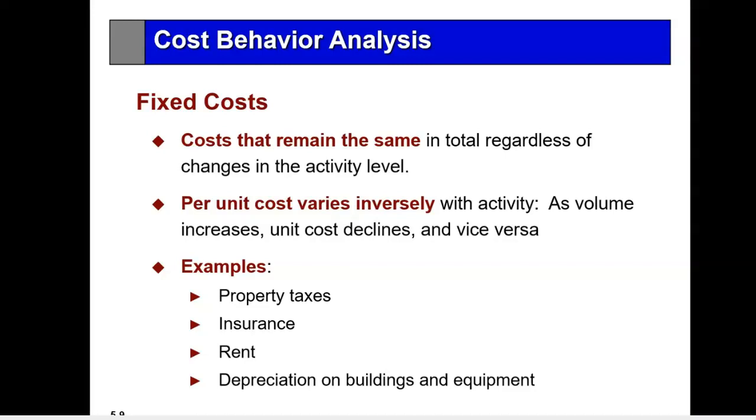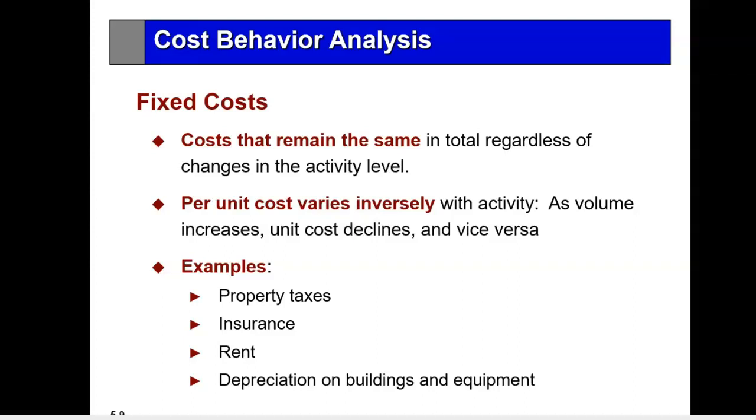However, if I look at a unit basis and ask what the unit cost for rent is: if I produce one unit, the unit cost for rent is $20,000. If I produce two units, the unit cost for rent is now $10,000.